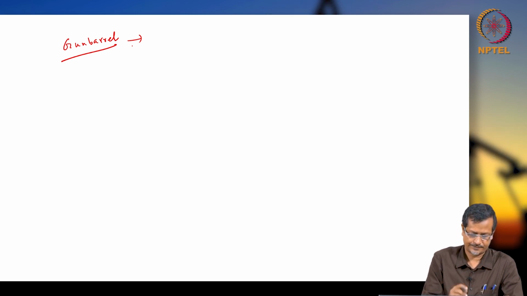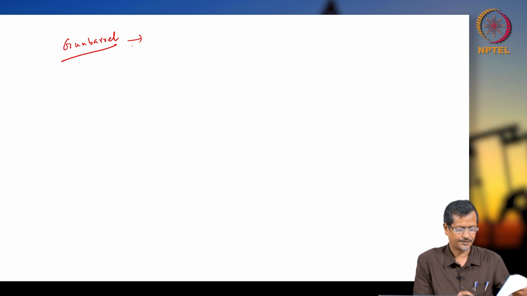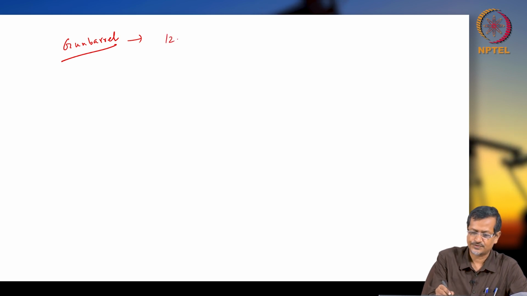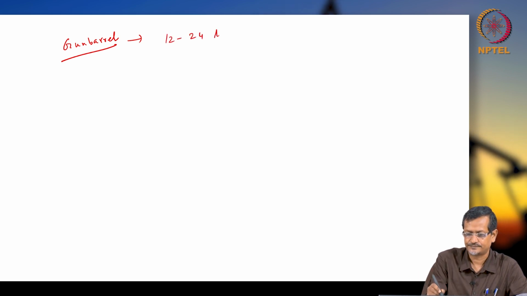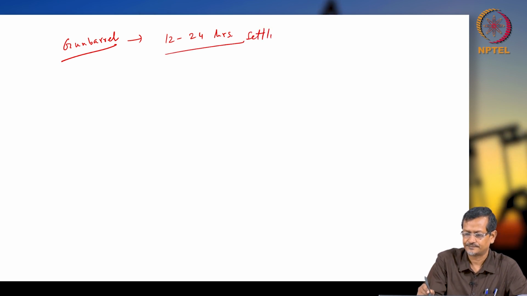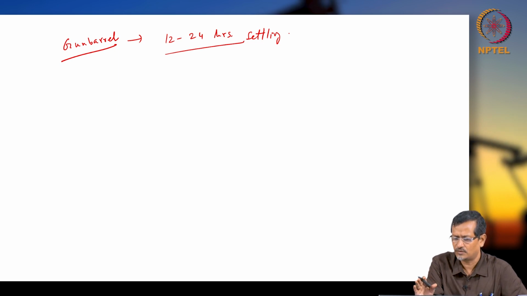Okay, so we will go to one calculation. Settling time will be 12 to 24 hours normally. That is the thumb rule; it may be lower or higher also.